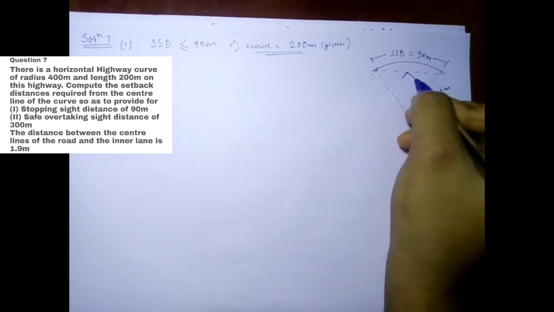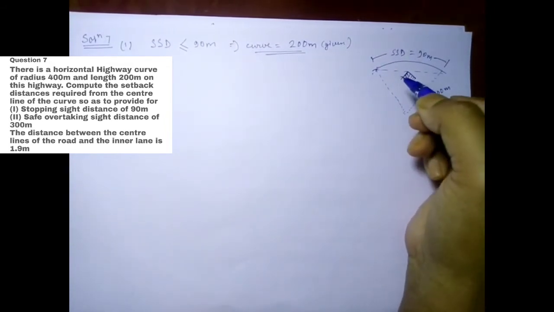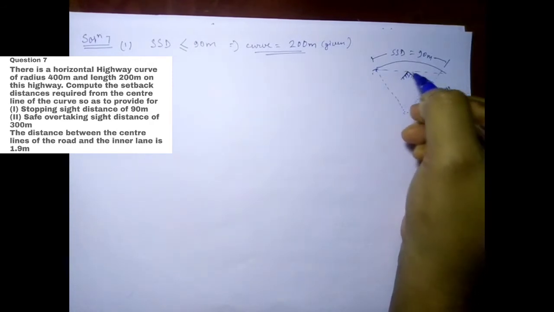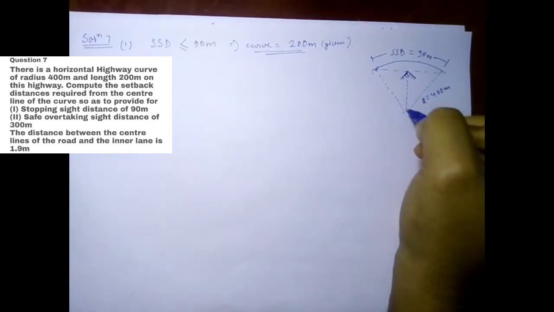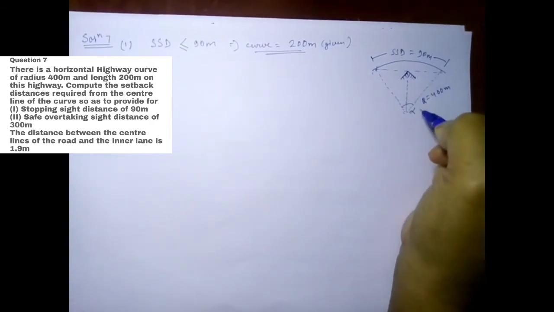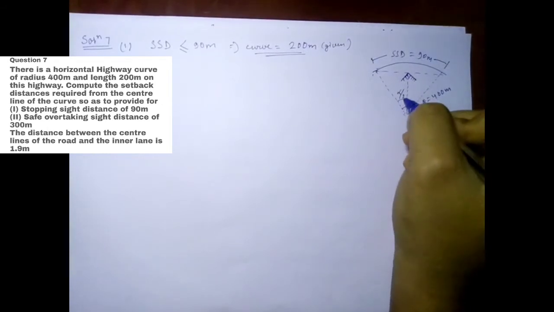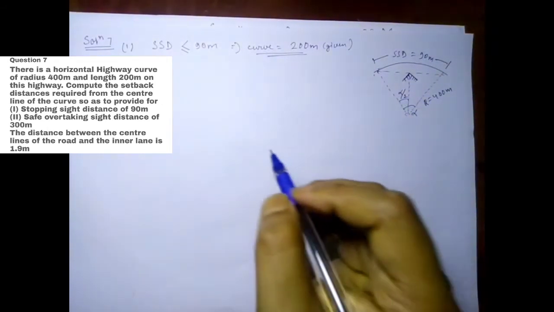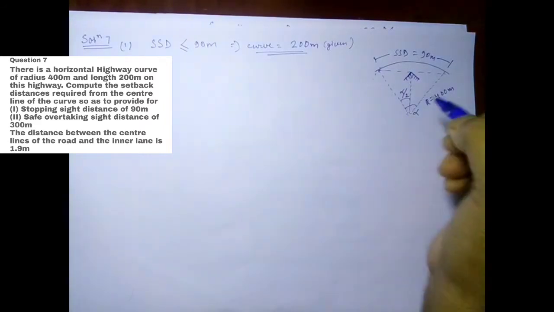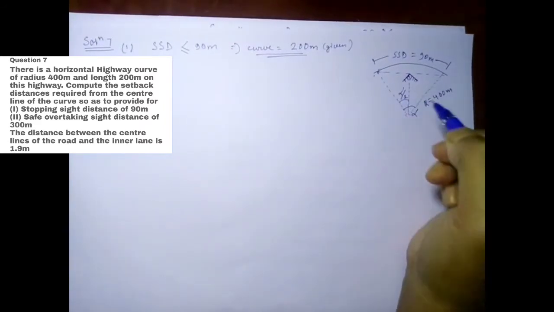Let us consider the obstruction is somewhere over here for the setback distance, and this is the alpha angle and this is alpha by 2. So alpha dash and alpha dash by 2.